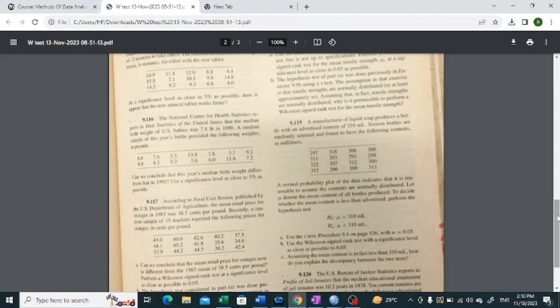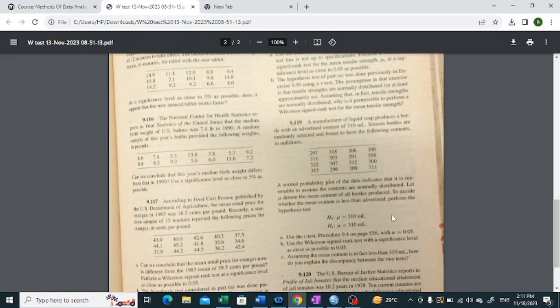A random sample of this year's births provided the following weights in pounds. So this is the data we are given, and in the beginning we need to look at the data whether any value is given exactly similar to the mean or the median.